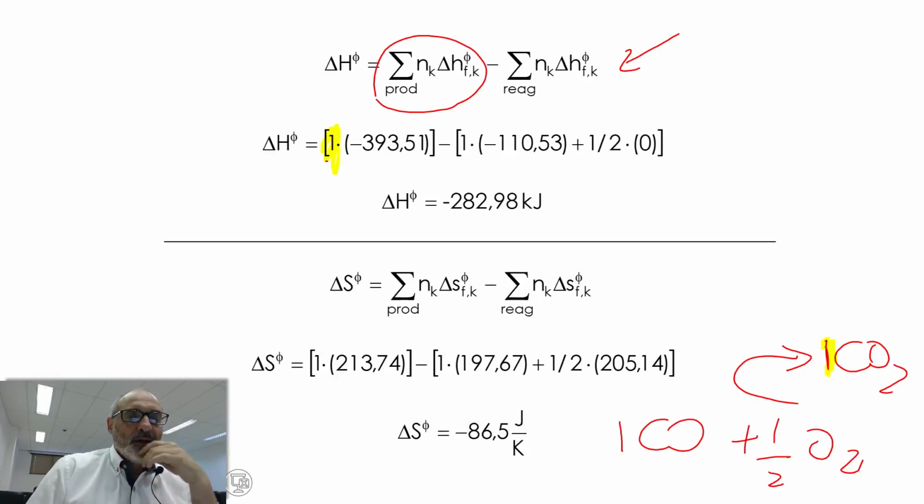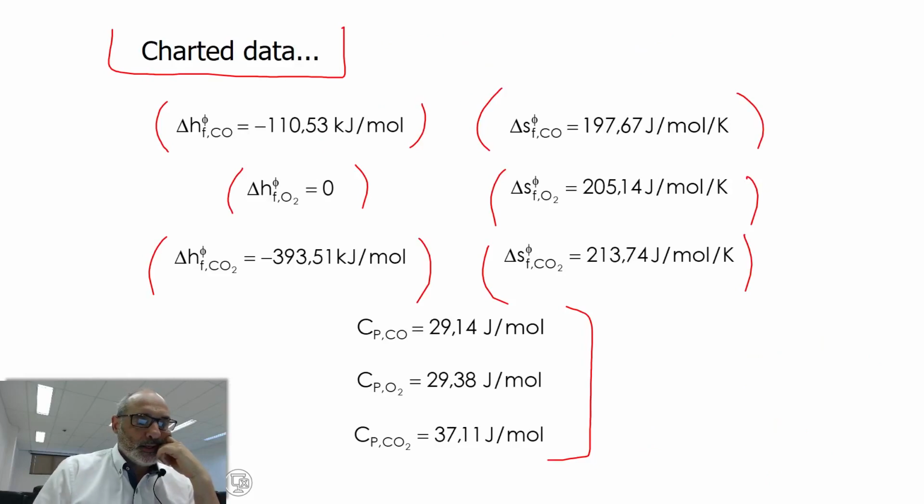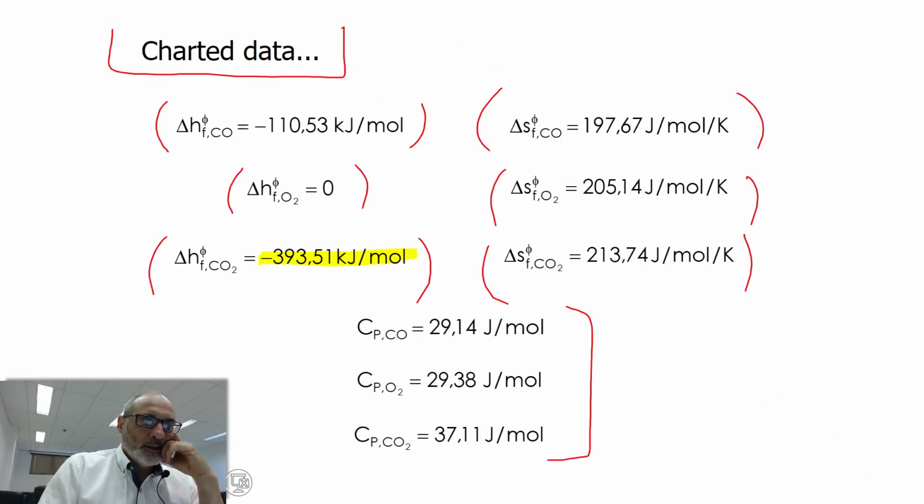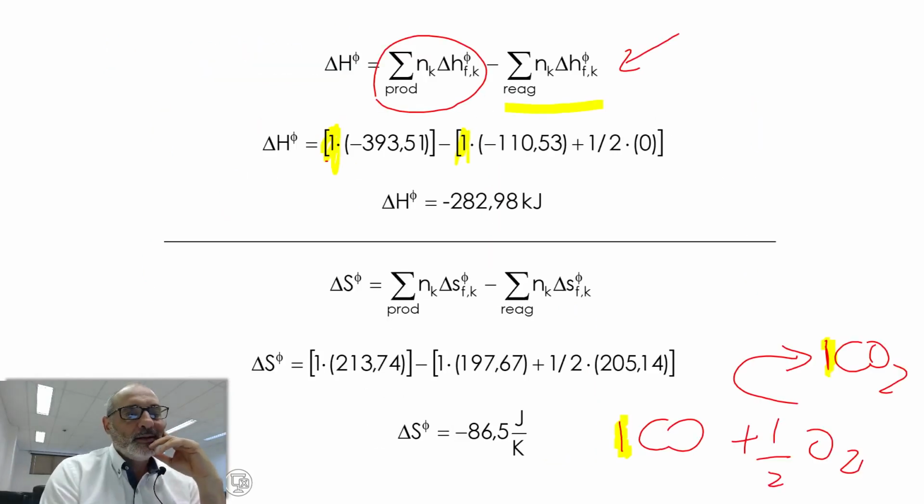And 393, where is it? It is the enthalpy associated with the formation of CO2. Again, on the left side of the chemical reaction, this number 1 here is this number 1 here, and minus 110 is the enthalpy of CO, carbon monoxide, and then 0.5 times 0 is the enthalpy of formation of O2.